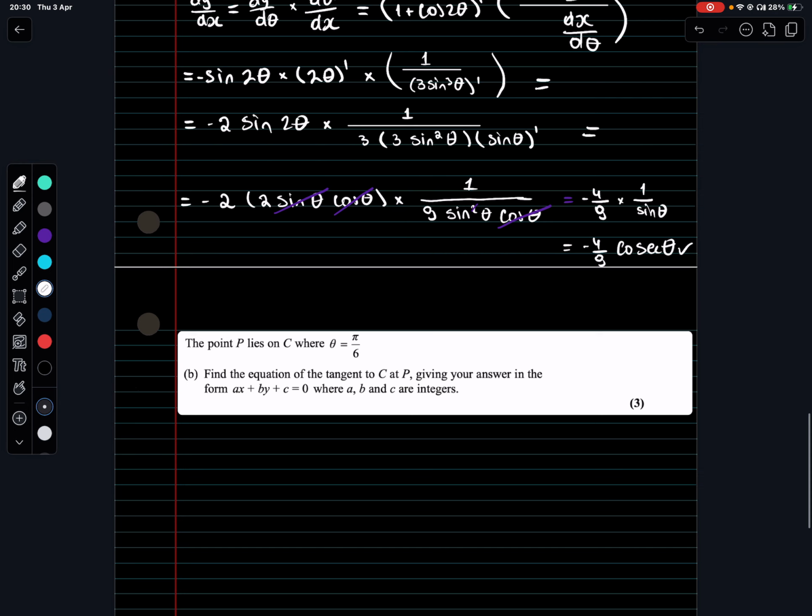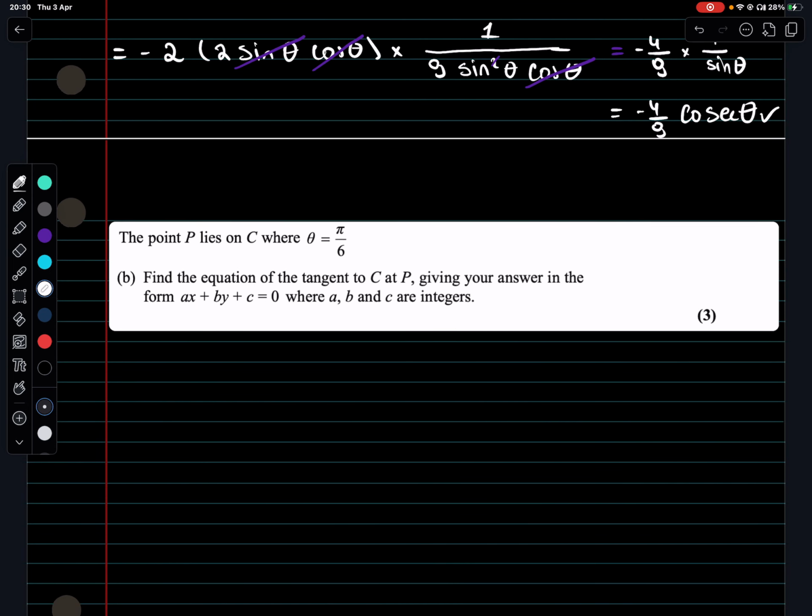That's a really long question. The second part says the point P lies on the curve C where theta is equal to pi over 6. Find the equation of the tangent at this point, written as ax plus by plus c equals 0.